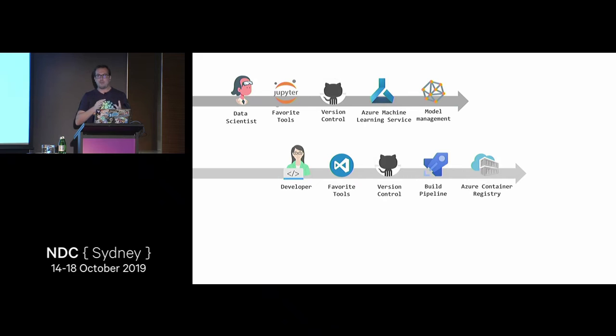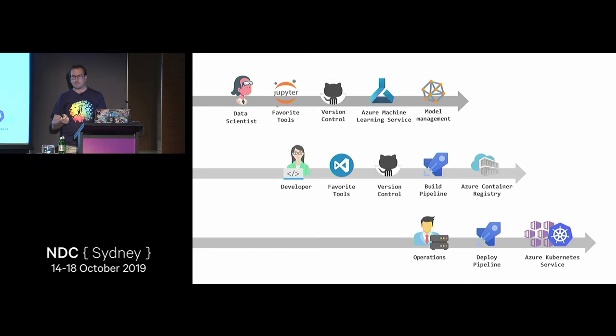And the model management I see as like the NuGet repository or the Docker container registry for models. So the models are being versioned there, and the developer pulls the model in their solution. And in my case, the developers had to deliver a Docker container registered in Azure Container Registry.